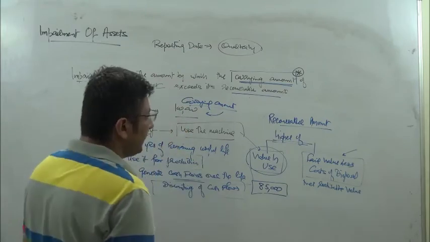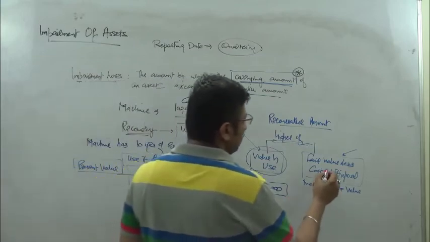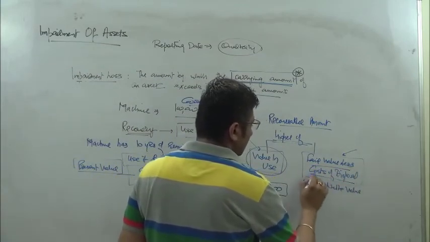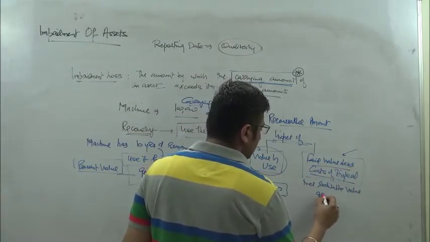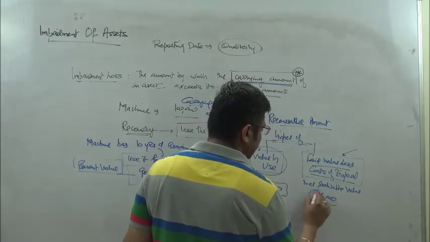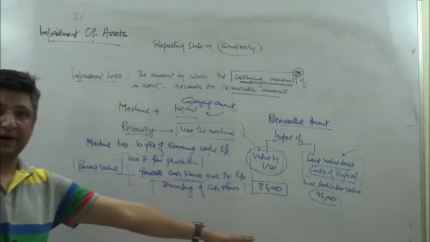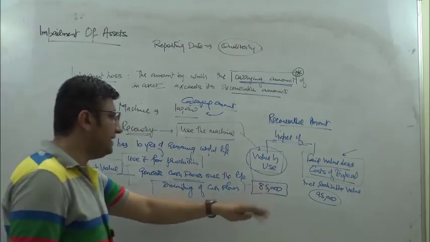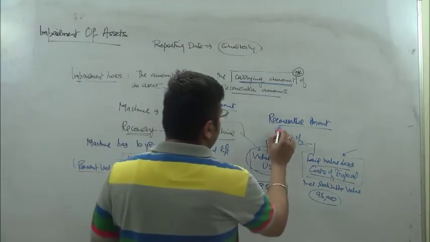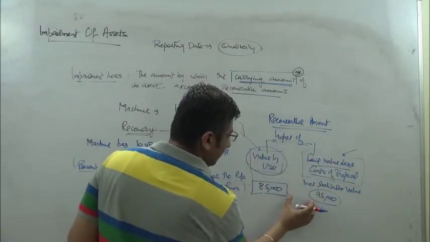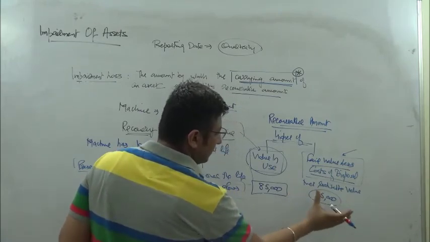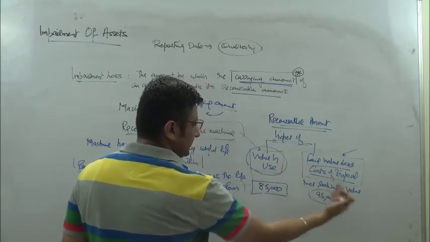Okay, so if I say that today if I were to sell this machine, I'm going to only receive 95,000. All right, that means what? It means that I will take the recoverable amount of 95,000, the higher of the two figures, right?